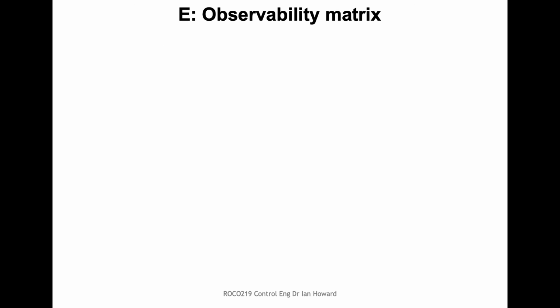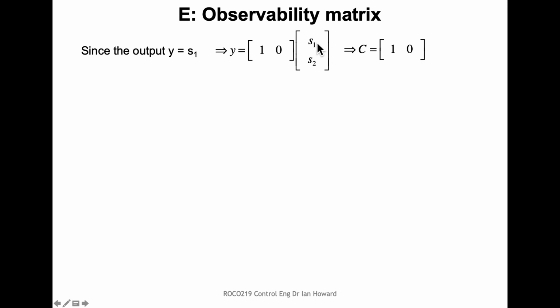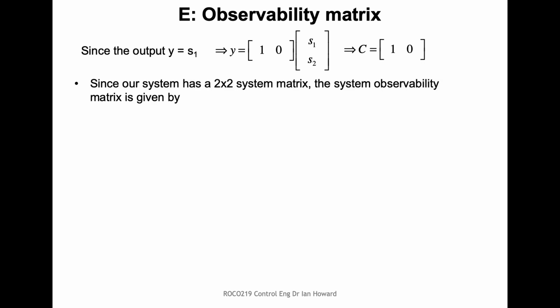Let's now look at observability of the system. We've said that the output is going to be S1, so that tells us the output equation is going to be like this. Our C matrix is going to be 1, 0, because we want to select state 1, which is Y. So now, again, we've got a 2 by 2 system, so we're going to have two parts in the observability matrix: C and CA.